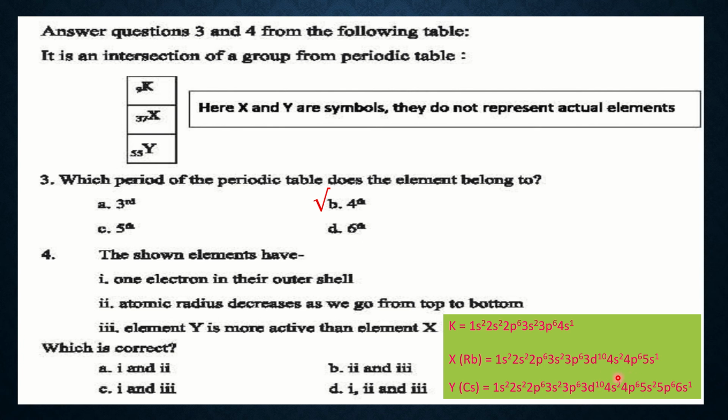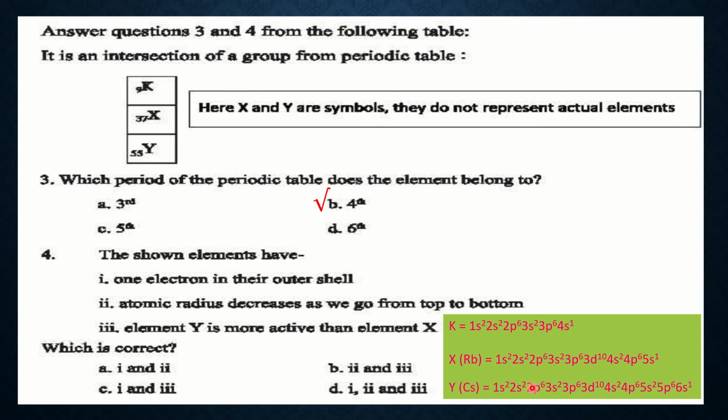Here, to release an electron, Y will release the electron more easily than X, because here the attraction between the electron and nucleus is comparatively less. So the electron will be easily released from Y.